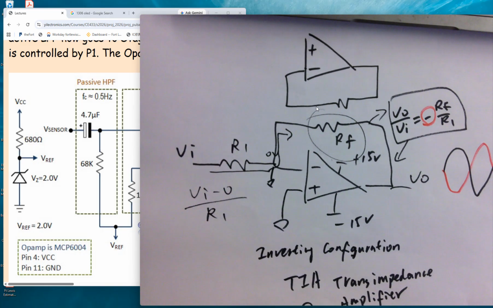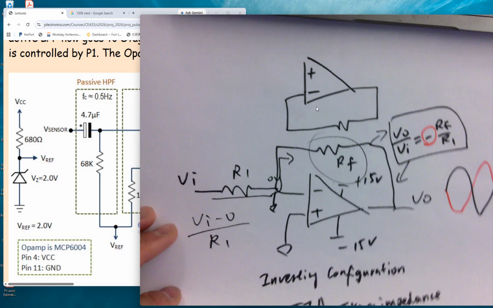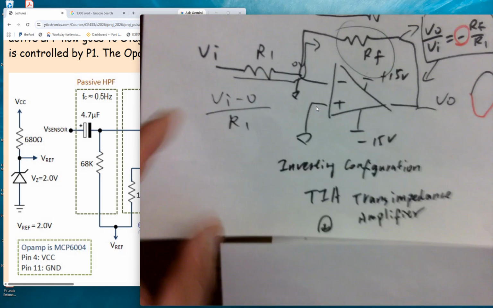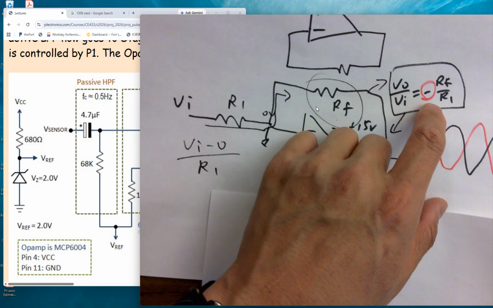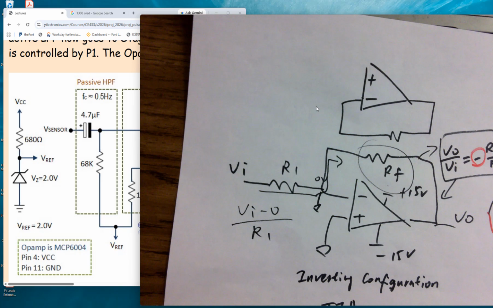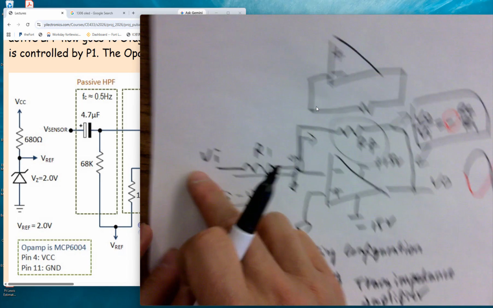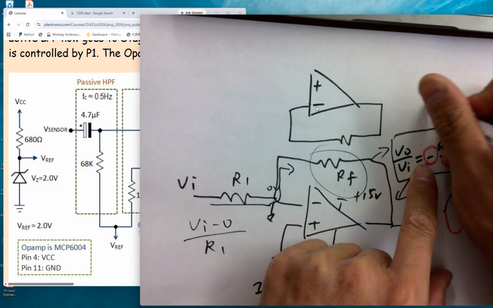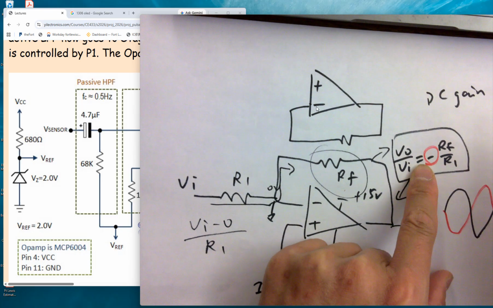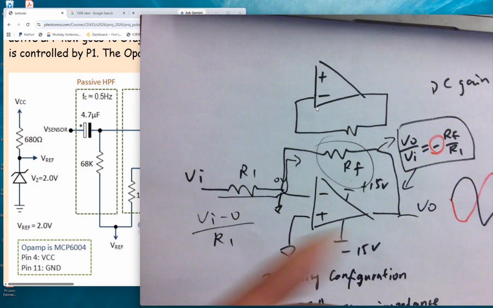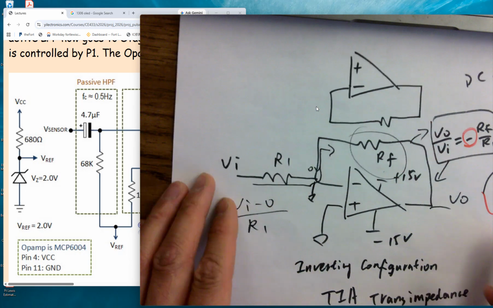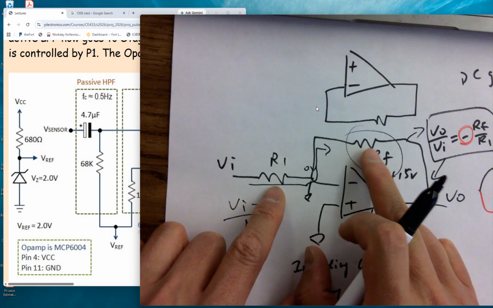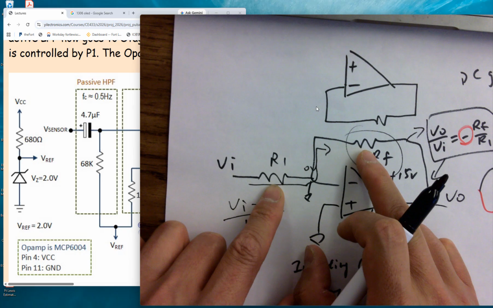Okay. For the non-inverting configuration, that's the DC gain, right? It's the gain. Why is it the DC gain? It's the AC signal. Why do we call it DC gain? It's just a name. DC gain means a low frequency gain, right? These are all linear components.